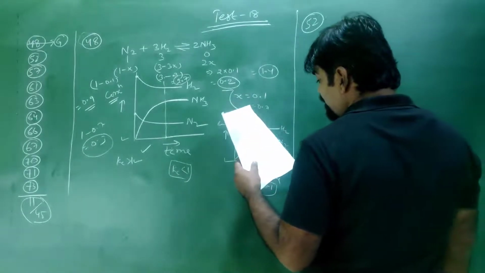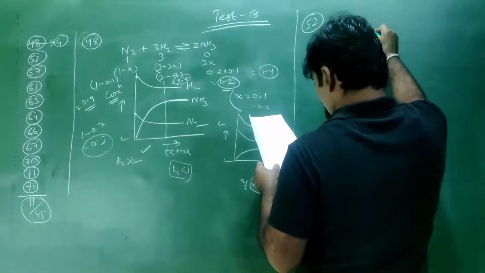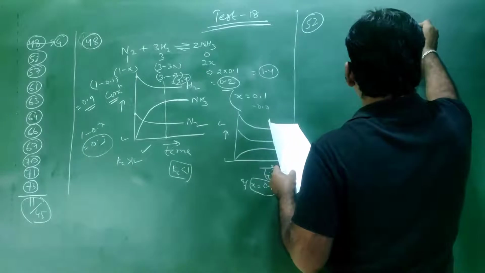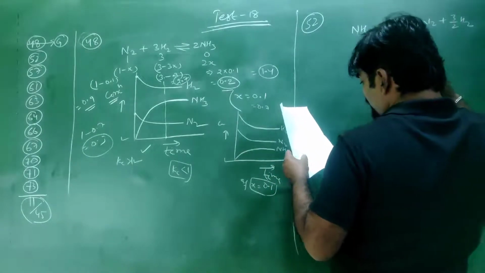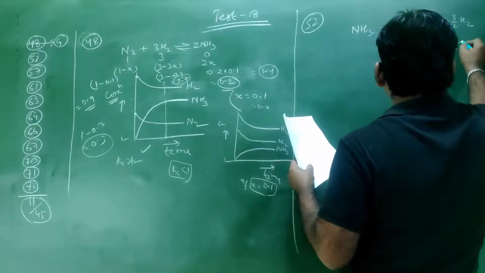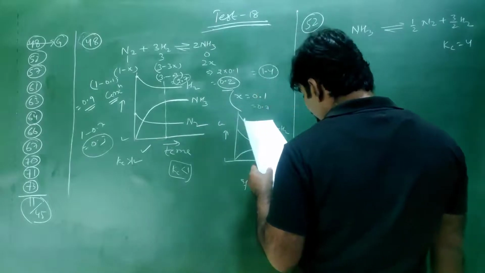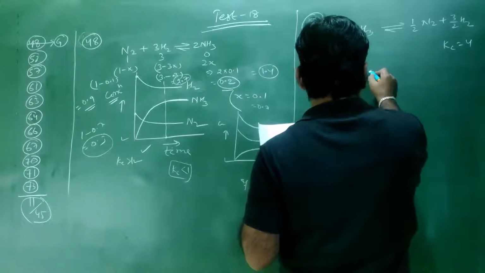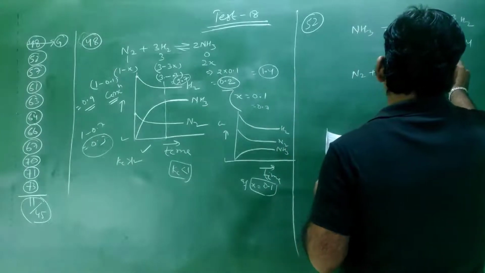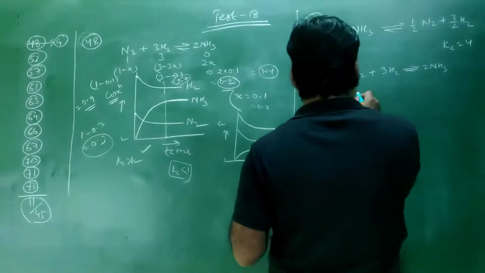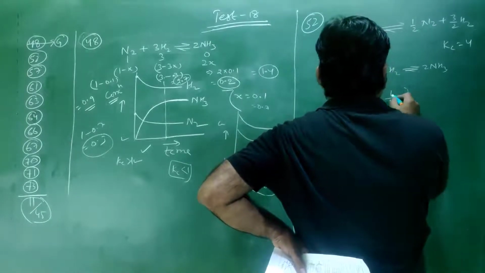The reaction given below has Kc as this much: NH3 gives rise to half of N2 plus 3 by 2 H2, and Kc for this reaction is given as 4. What will be the value of Kp for the reaction N2 plus 3H2 gives rise to 2NH3? So what will be the Kc value for them? This is equal to 1 by Kc square.